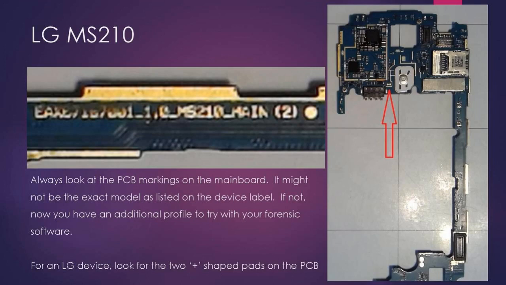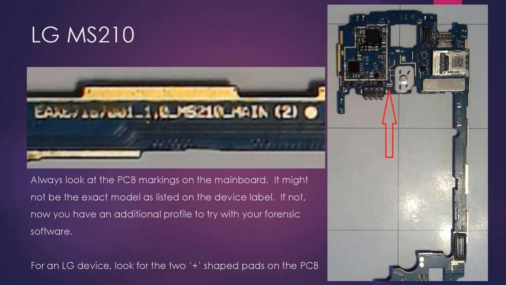Sometimes they will use a specific main board across multiple device iterations, whether for a Verizon or a different carrier. So even though my label says MS210, the actual main board may say something different. If it does, then you want to attempt to use that profile.